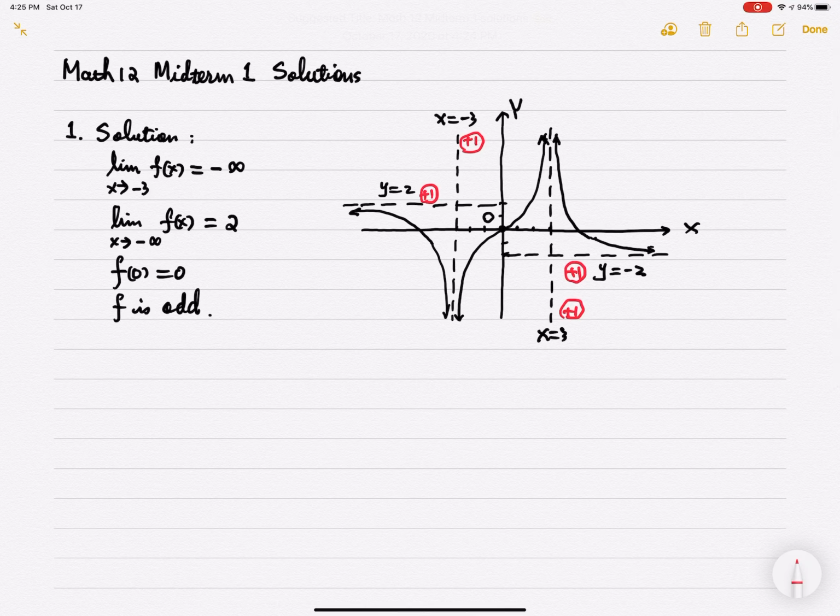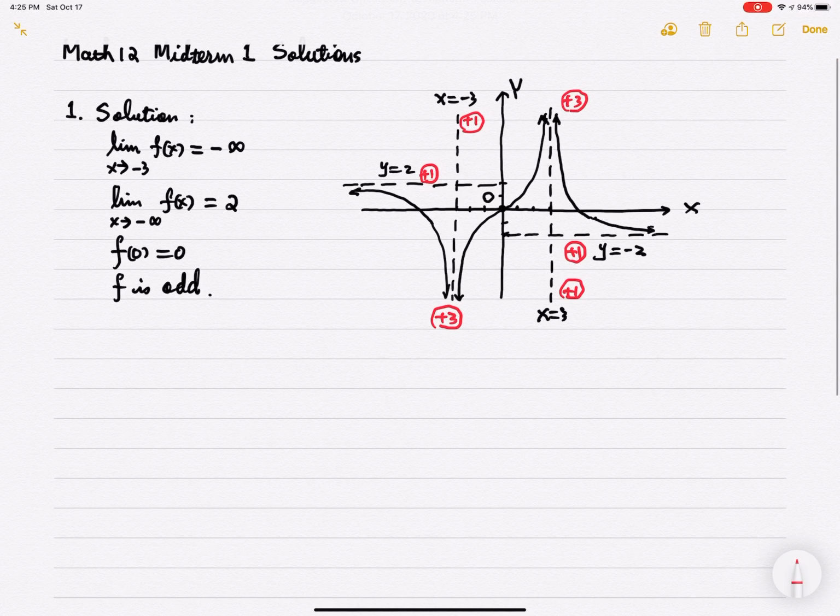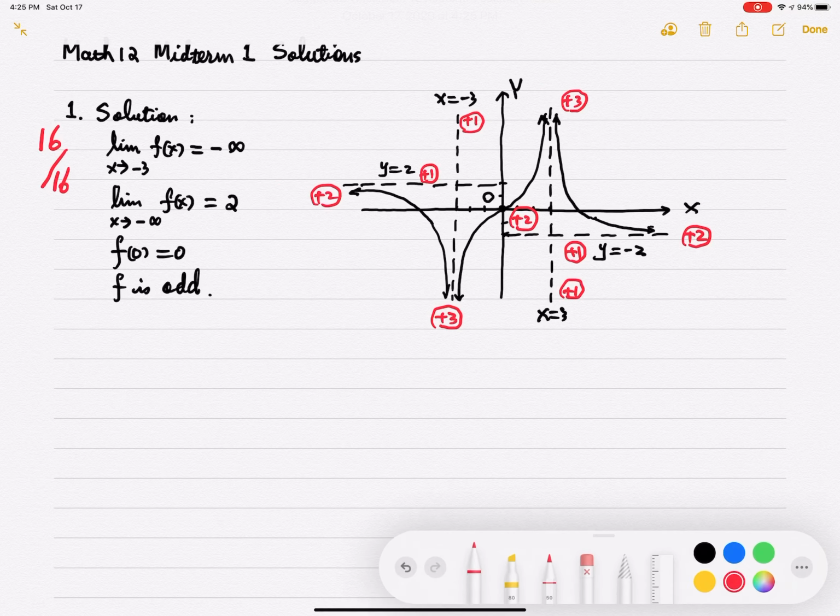Because this is both sides, both directions, I will say 3 points, and then 3 points here. Here 2 points, and here 2 points. Total is 16 points. We have 6, 10, 14 now. The function passes through the origin, so how about I put 2 points here? So that means this is 16 points. Okay, that's problem number 1.